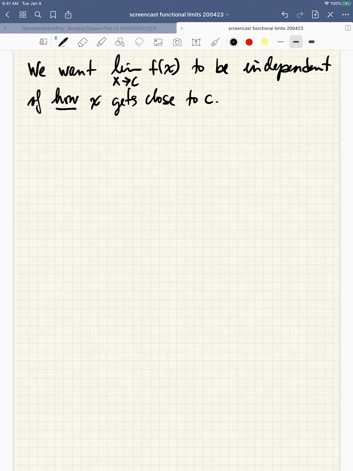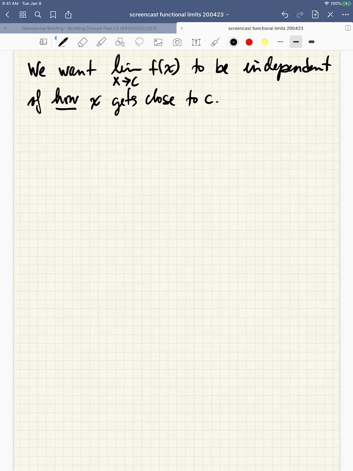To phrase it a little more arithmetically, we want this idea of a functional limit. We want the limit as x goes to c of f of x to equal L if and only if the limit as n goes to infinity of f of xn equals L for all sequences xn that converge to c.